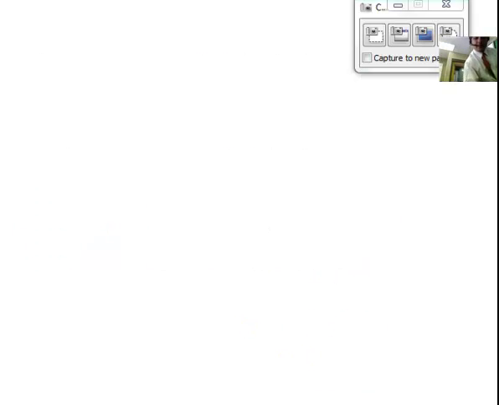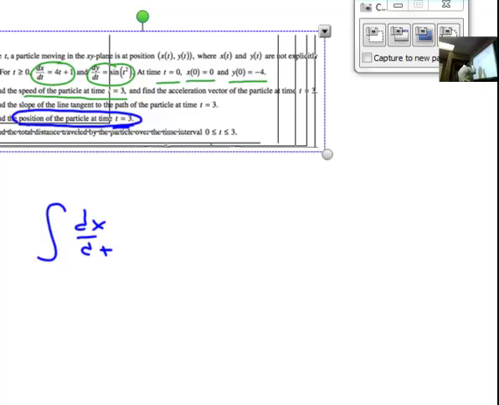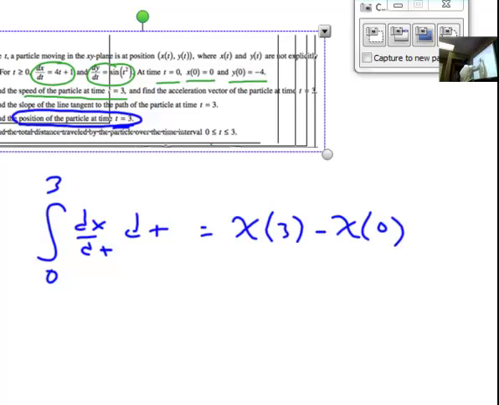The next question says, find the position of the particle at time equals 3. If we look at the x position, we can integrate dx dt with respect to time from 0 to 3, and that's going to equal my x position at 3 minus my x position at 0. I know my x position at 0 is 0.